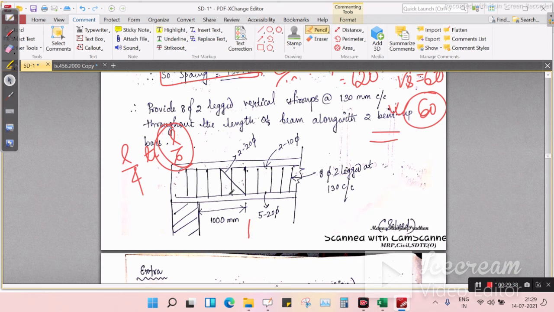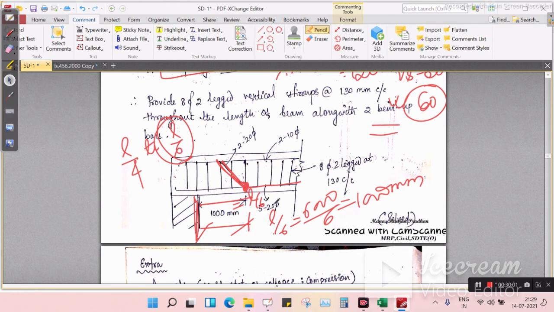Suppose our L is 6 meters, so L by 6 is 6000 mm divided by 6, 1000 mm from the support. So here the bent up starts. This is L by 6.